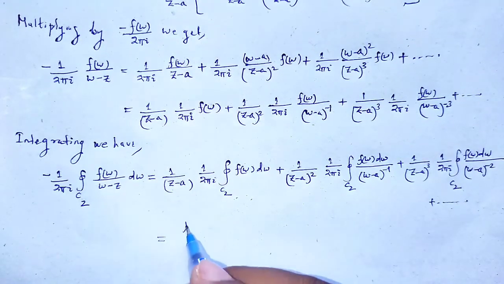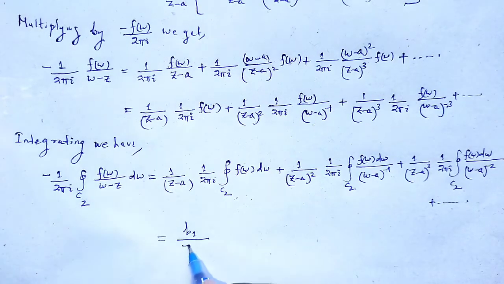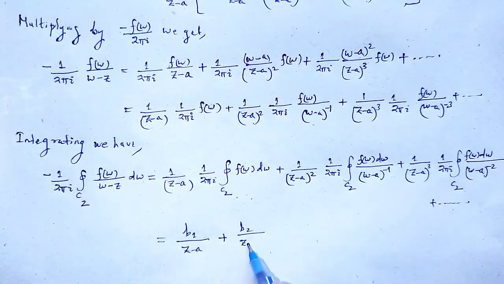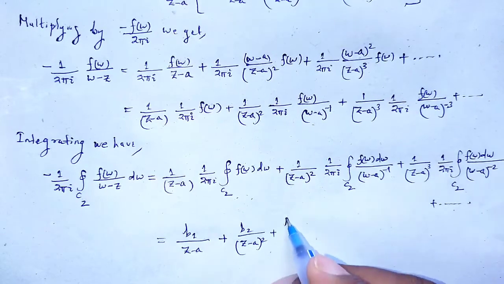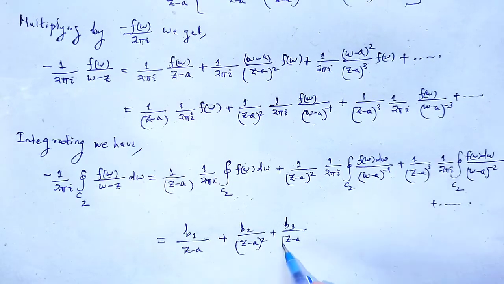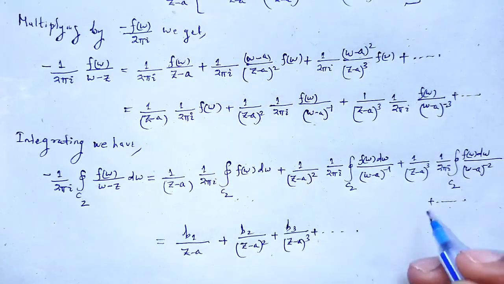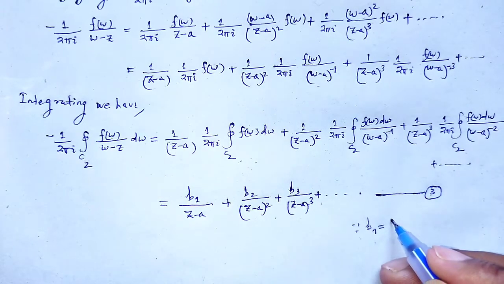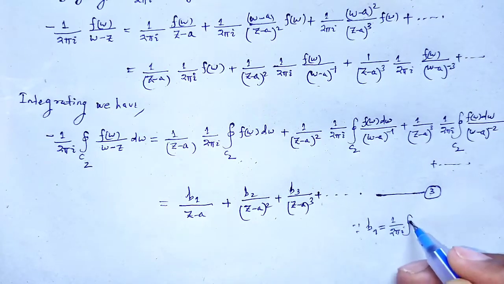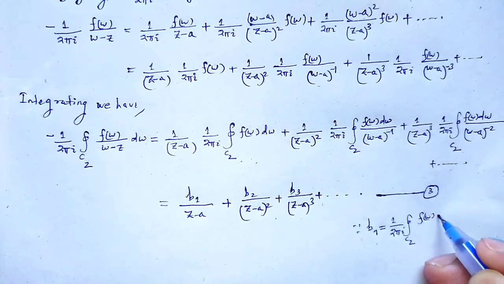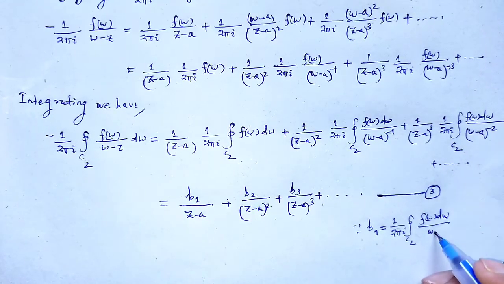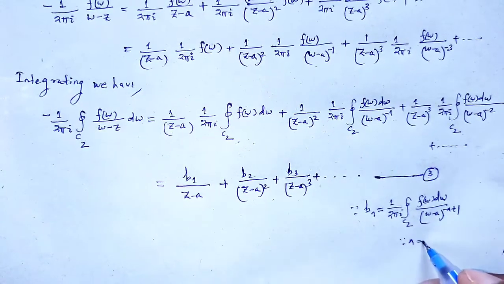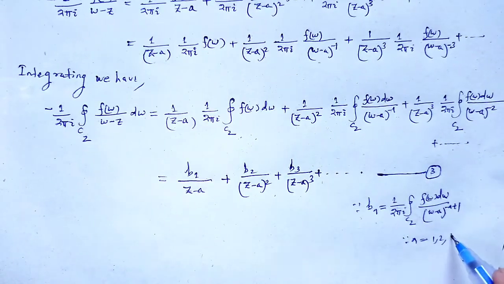It is written as b1 divided by z minus a, that term as b1, plus b2 divided by (z minus a) squared plus b3 divided by (z minus a) cubed plus dot dot dot, which is equation number 3, where we say bn is equal to 1 by 2 pi i closed curve integration over C2 f of w dw divided by w minus a to the power minus n plus 1, and that n continued from 1 to 3 like this.